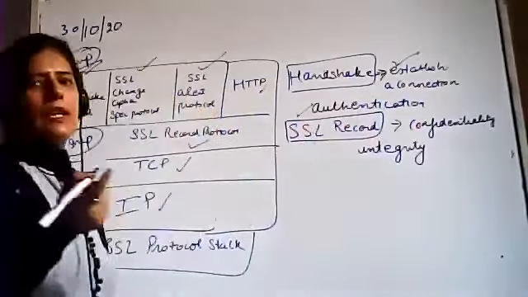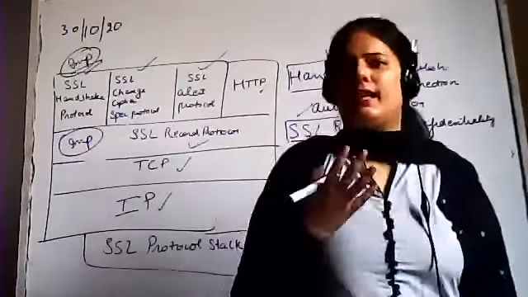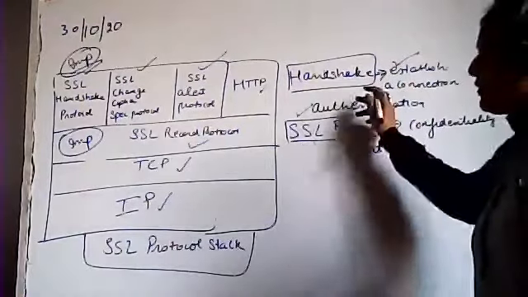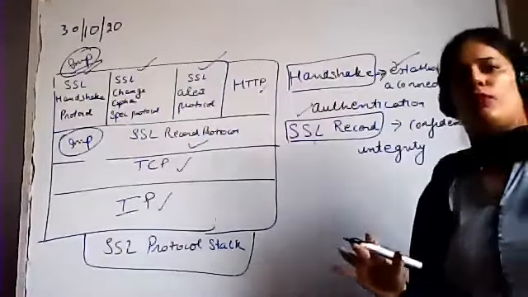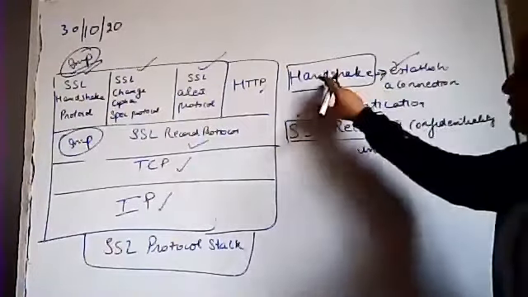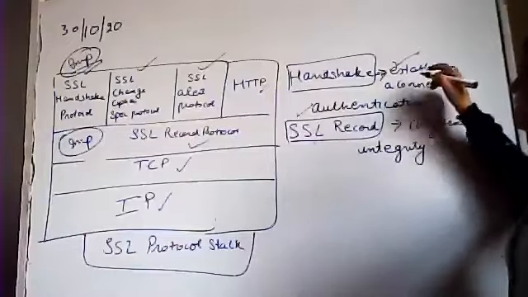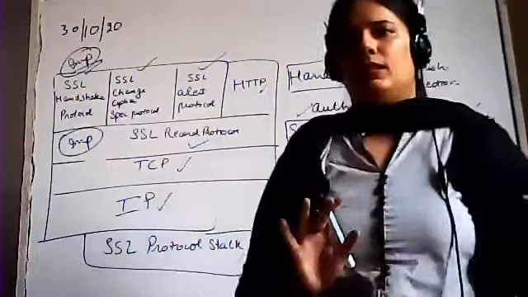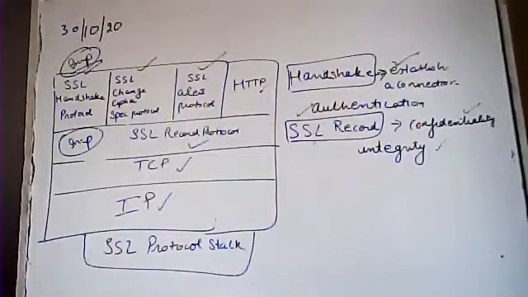Of our three security objectives, that is authentication, confidentiality and integrity, all three are obeyed by these two protocols. That's why both are considered very important in the SSL protocol stack. Under these two protocols only, the concepts of authentication, confidentiality and integrity are obeyed. Clear?